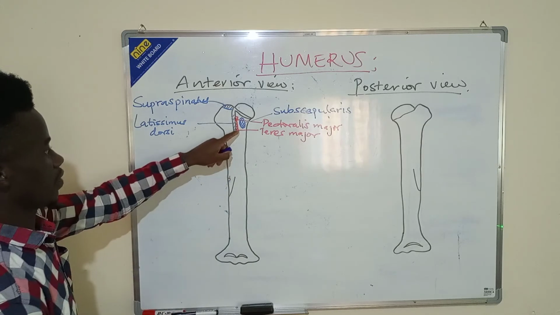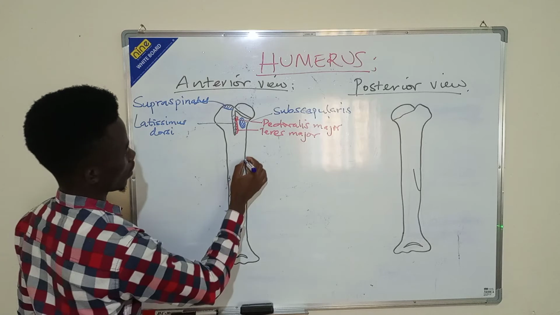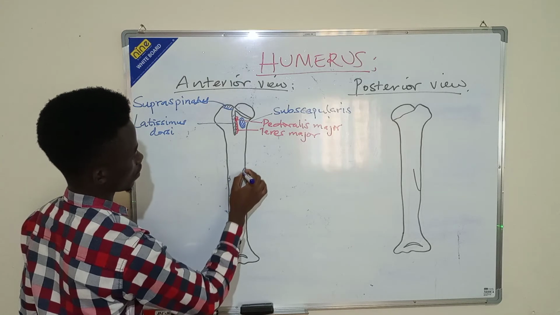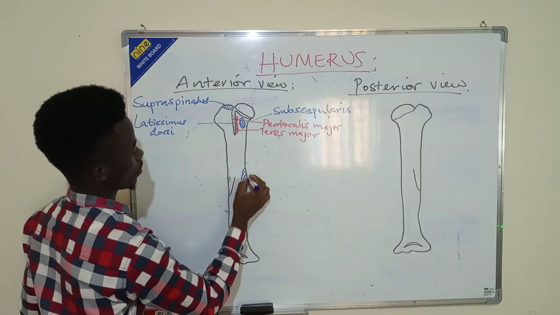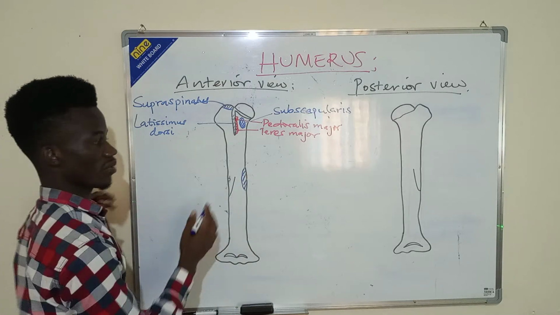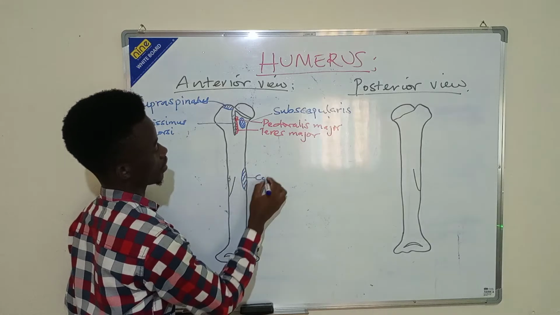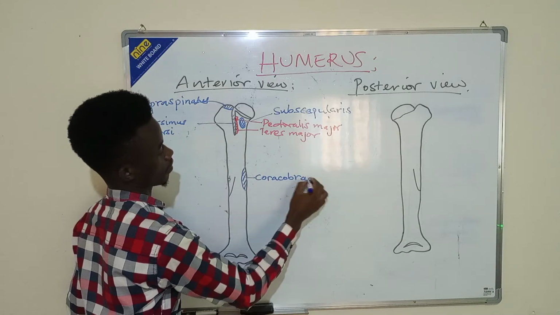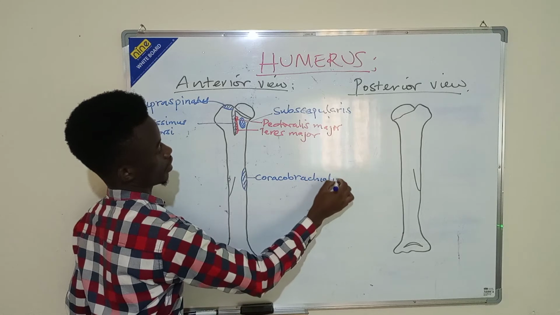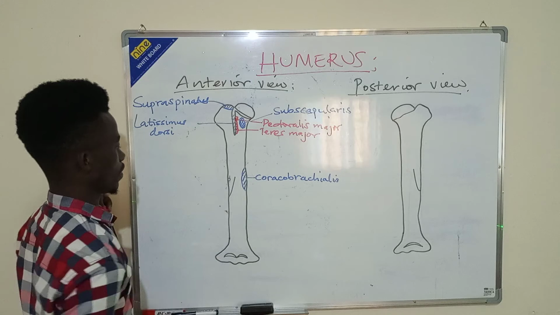It makes its point of insertion on the lesser tubercle there. Then we have another muscle here, the coracobrachialis. Coracobrachialis inserts on the medial side of the humerus. It originates from the coracoid process of the scapula and inserts on that.